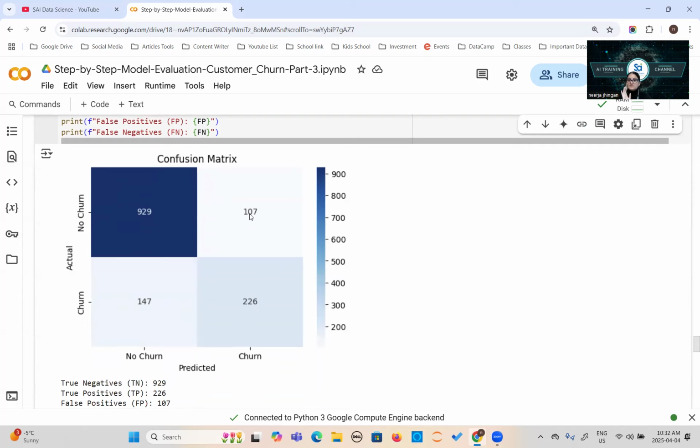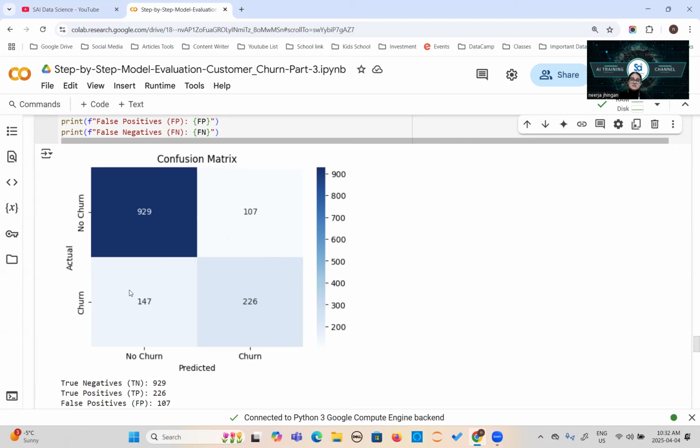That's why your precision was high there. Okay. And then here, it was not able to correctly predict where the customer actually does not churn, but your machine is saying they will churn. This is 107 cases. So you will start sending emails to 107 customers, but this is the wrong result.